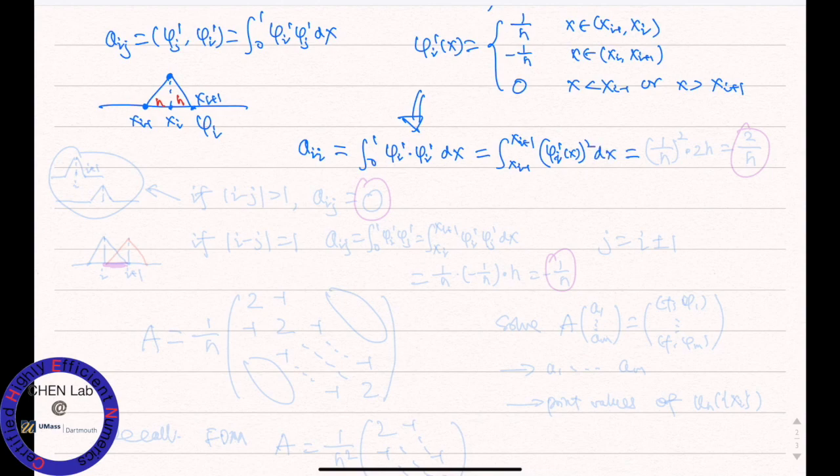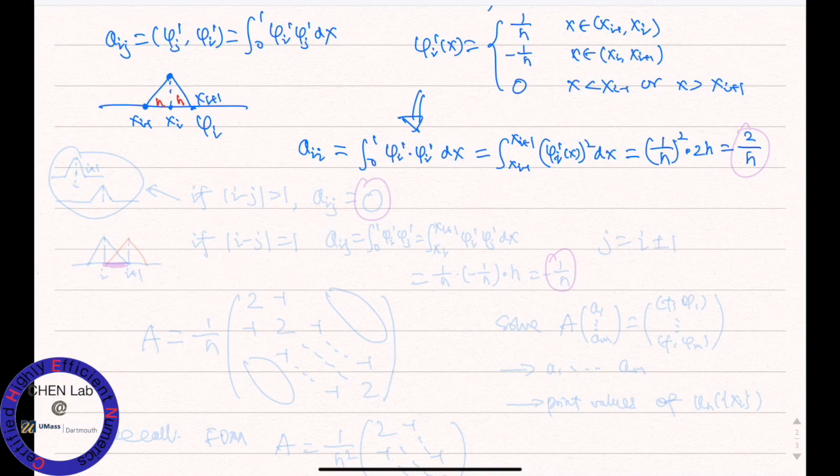The function value is 1 over h, or negative 1 over h, squared. In both cases it is 1 over h squared times the interval, the area, which is the width of this rectangle, 2h. So we get 2 over h.